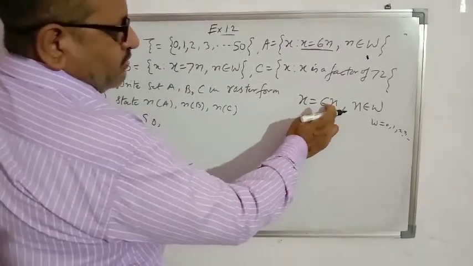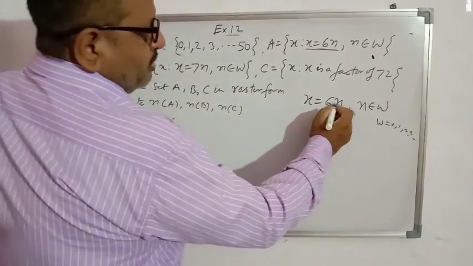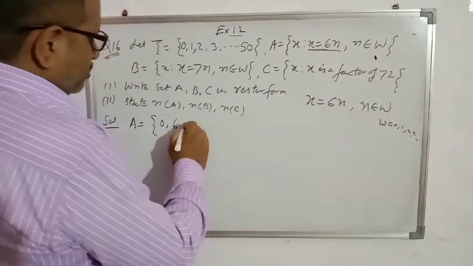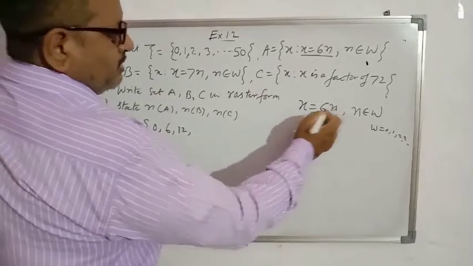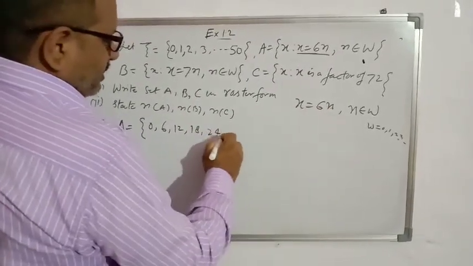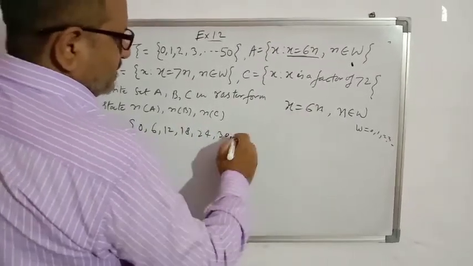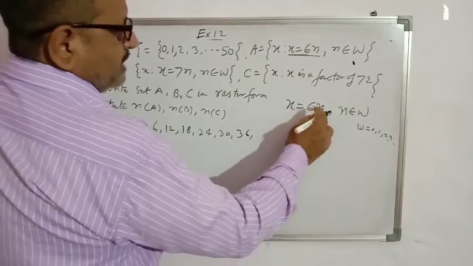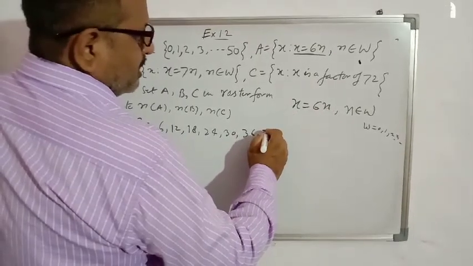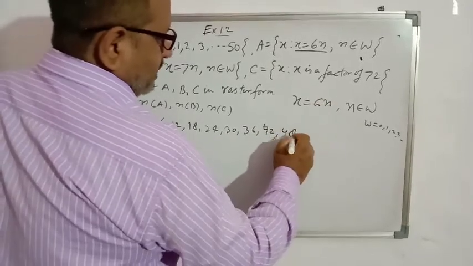Now put n is equal to 1, 6 into 1, 6. Put n is equal to 2, 6 into 2, 12. Similarly 6 into 3, 18. 6 into 4, 24. 6 into 5, 30. 6 into 6, 36. 6 into 7, 42. 6 into 8, 48.